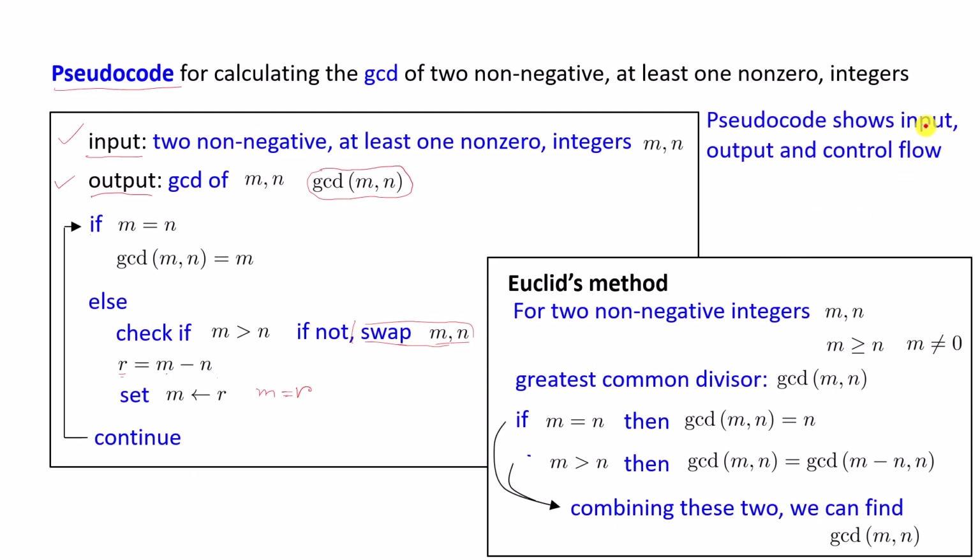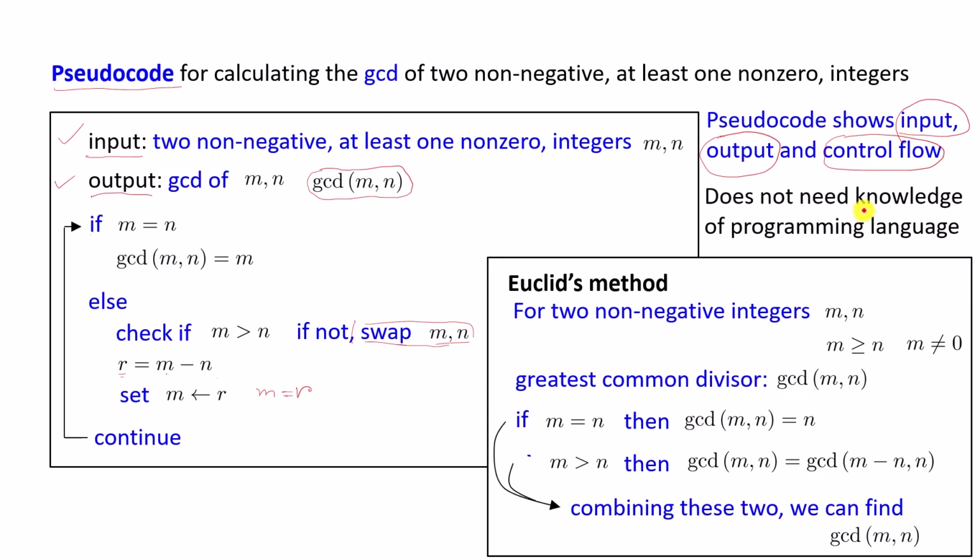So the basic structure of a pseudocode is that it must show the input, the output, and the control flow, means the if, while, or for type loops. And also we have to remember that we need no knowledge of a programming language. So it is free of a programming language, although pseudocodes are usually written in a style close to certain programming language.